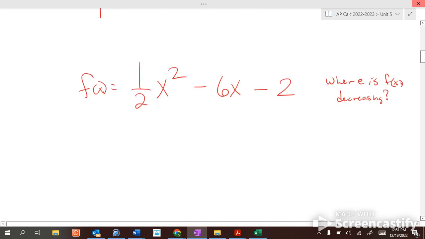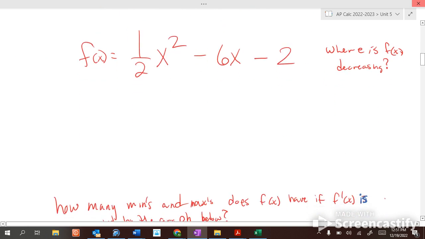All right. Where is this function decreasing? How do we find where a function is decreasing? Find the first derivative, which would be 2 times 1/2 is 1. x minus 6 has to be less than 0. So x has to be less than 6 in this case.